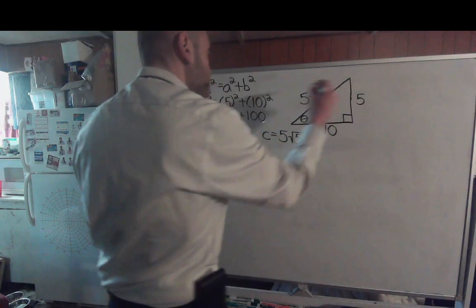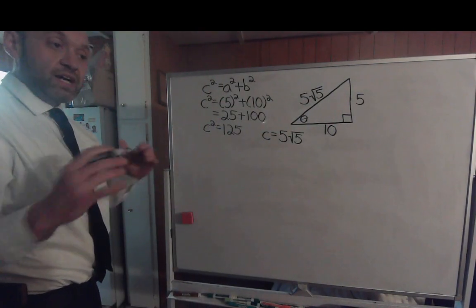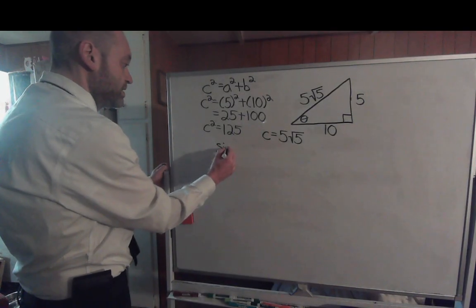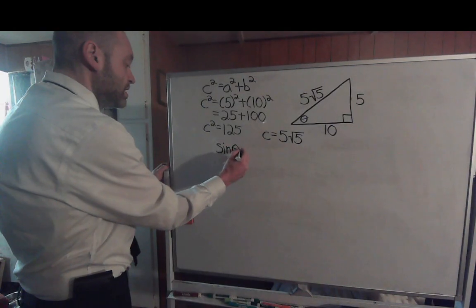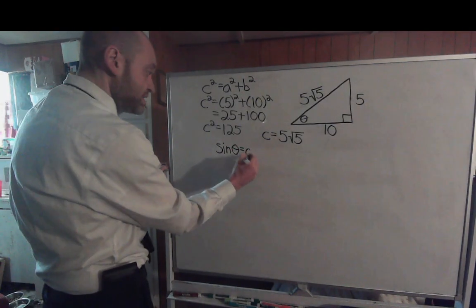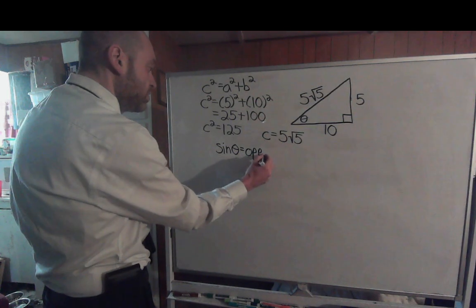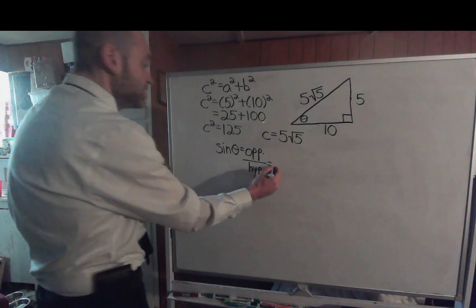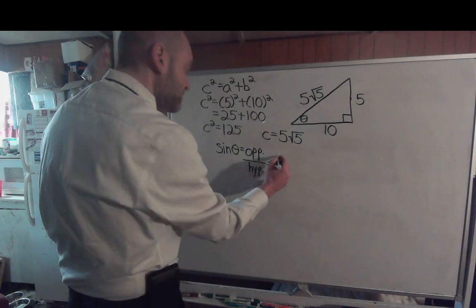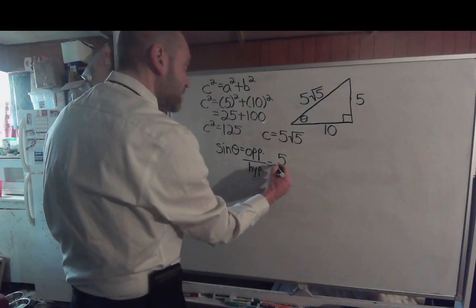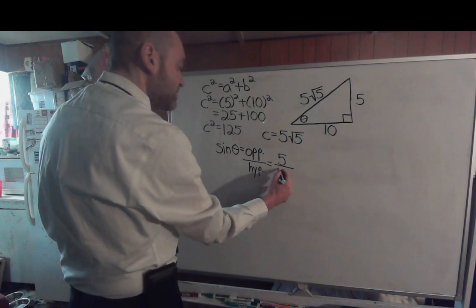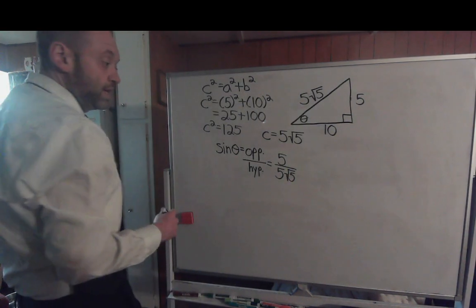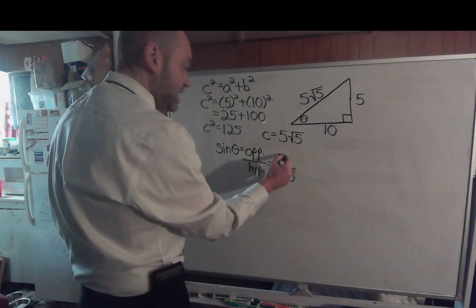All right. So let's find the value of the 6 trig functions. Your sine of theta, again, that's the opposite over the hypotenuse. So opposite of theta is 5, over the hypotenuse of 5 times the square root of 5, which we know the 5's will cancel out.